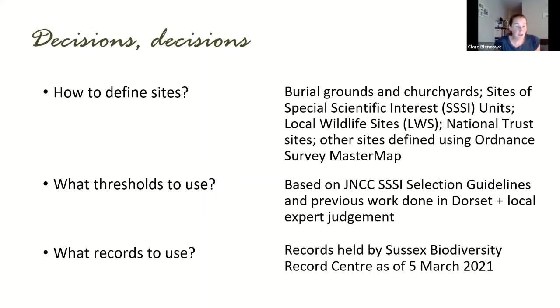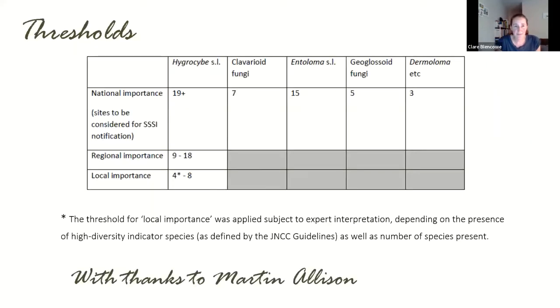We needed some thresholds to work out how we would categorize these sites. And we just worked with records held by Sussex Biodiversity Record Centre at that time in order to provide another perspective on working with fungal records data.